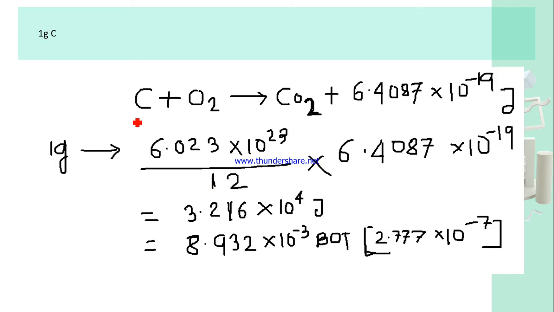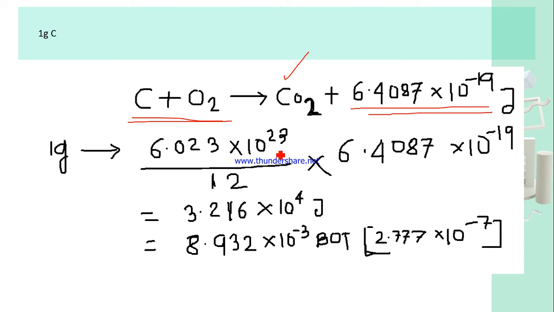So when we are burning carbon, coal, it will produce carbon dioxide and this much joule of energy, 6.4087 into 10 to the power minus 19 joule.